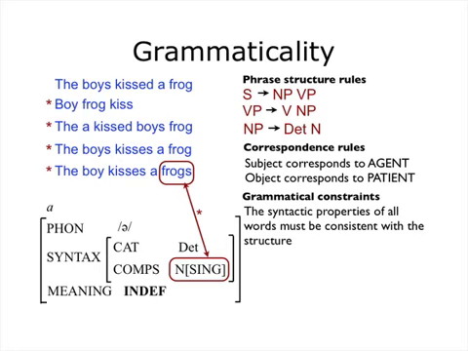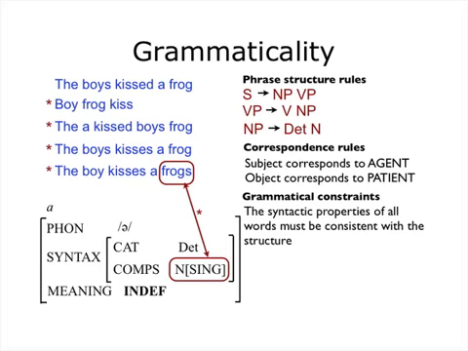And part of our knowledge about these things is that if I'm a word that requires complements, then they better be there. So here, it requires that there be a singular noun after it. And it's the clash here with the plural form of the noun frogs that is the problem.